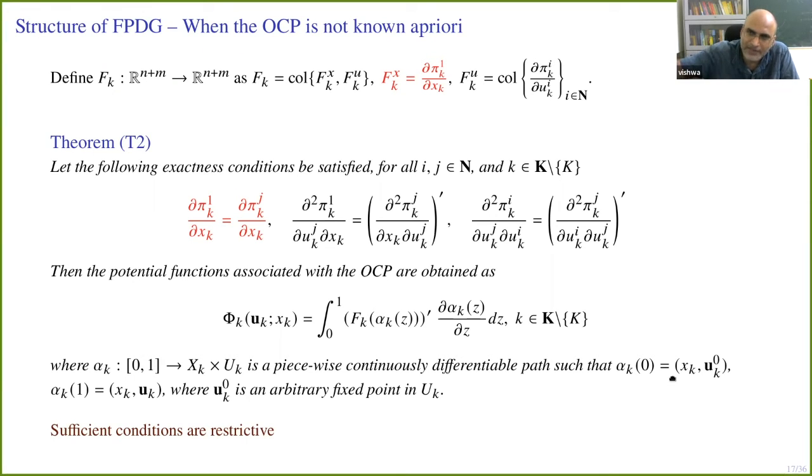So along that path, x_k is fixed, and it is a line passing through x_k, but this line is the entire R^m. We feel these sufficient conditions are very restrictive, but in most of the existing literature, these exactness conditions are present in most of the works.